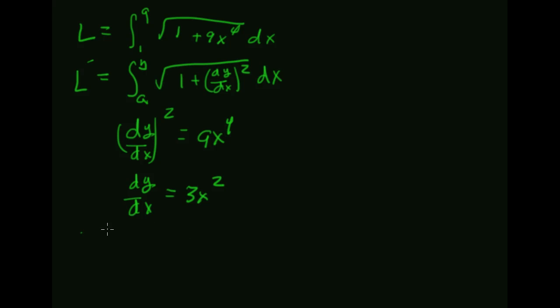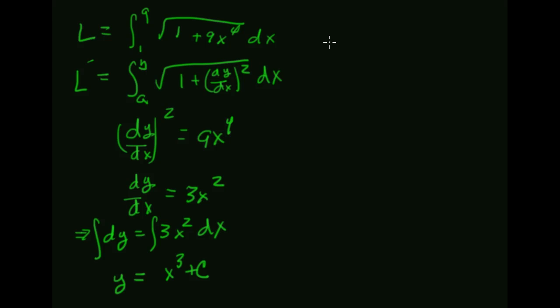Okay, so manipulating that a bit, we get that dy is equal to 3x squared dx. If I take the integral of both sides, I get that y is equal to x cubed plus some constant. Now, they give me an initial value here.